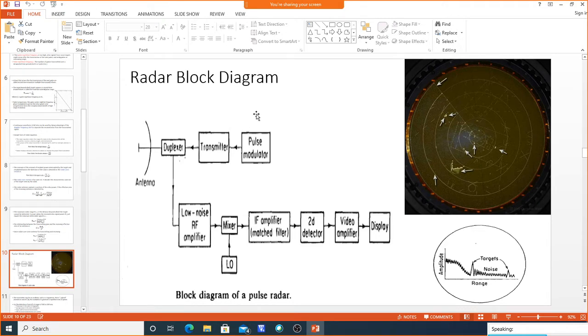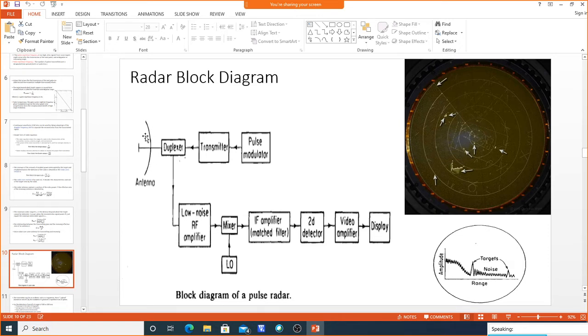For example, if you use a magnetron, it generates high power and is switched on and off for some duration to generate the pulse modulation. This transmitter has very high power, and the pulse modulated signal is transmitted through the duplexer and then through the antenna.